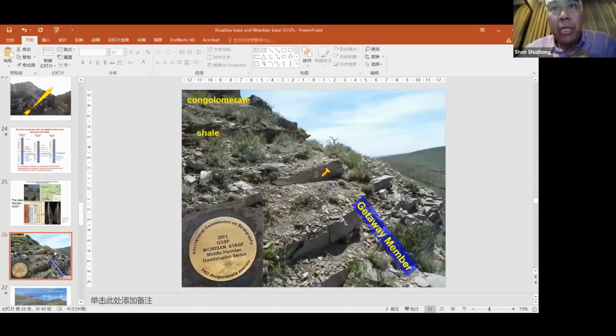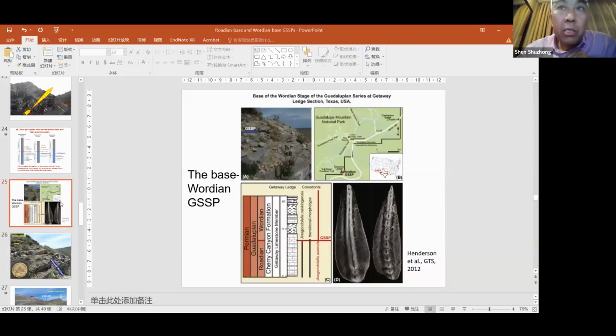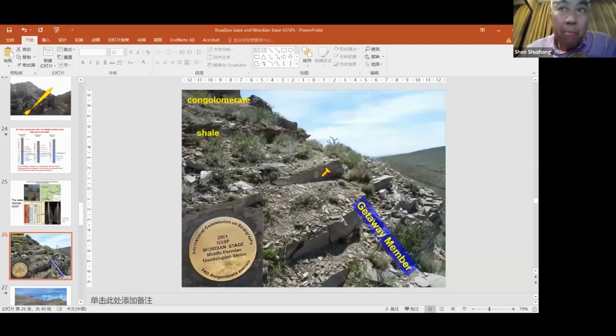And in 2013, Charles, Lance, and I found that exactly the same rock in the same picture shown in this. This is the same picture, okay? So the GSSP is here, then we put a golden mark on here.